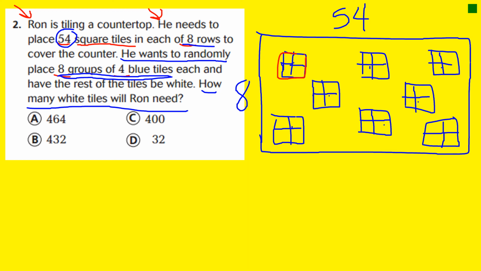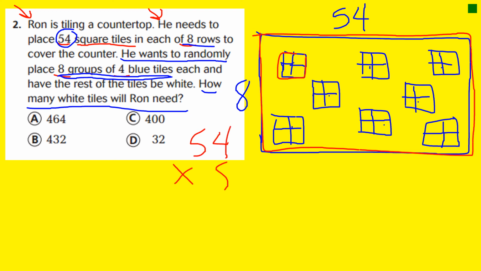So how do we get the total number for the whole countertop? Well, we just said it was a multiplication array, right? We have 54 in 8 rows, okay? That's 8 times 4.